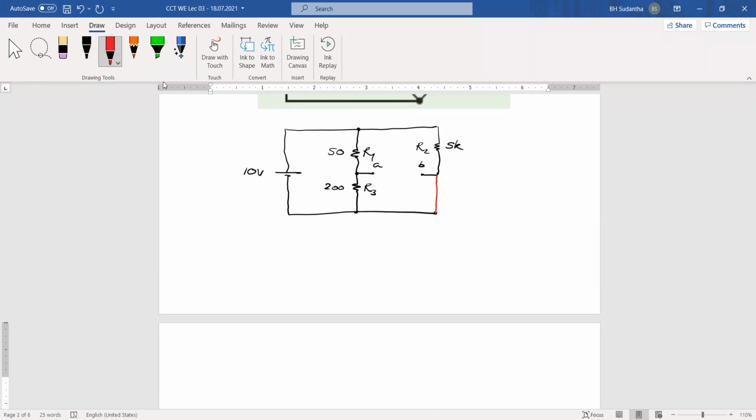Then we have to find the voltage here, it's VB, and the voltage here, it's VA. If you find the voltage across this resistor, VR3, that is VA.